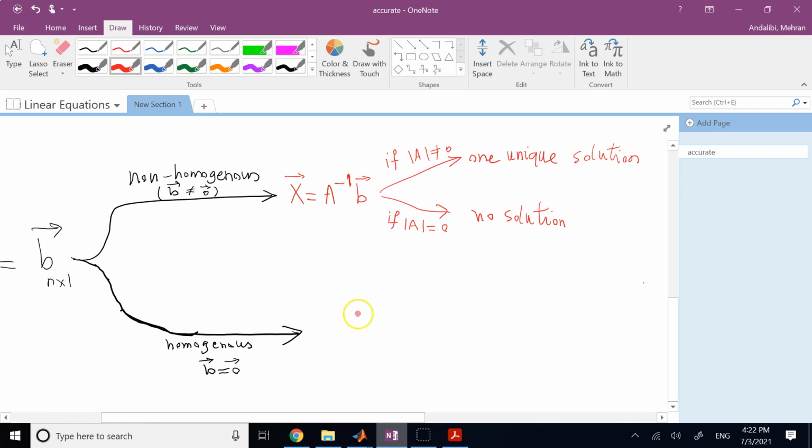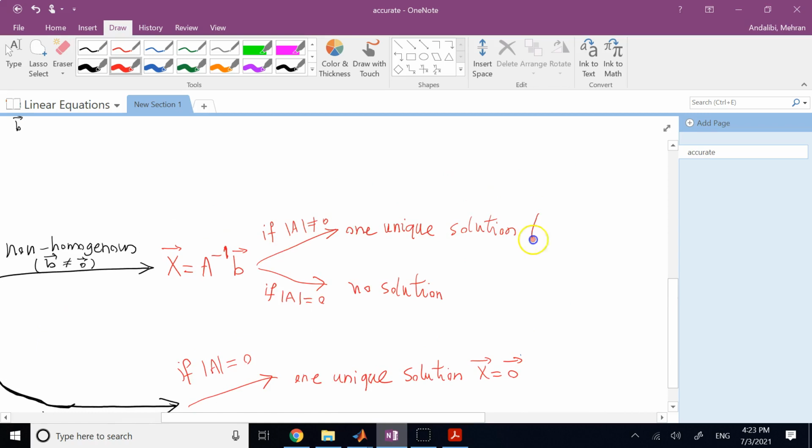So here, again, if the determinant of the coefficient matrix is not 0, then there is only one solution. And that unique solution is x equals 0. So it means all of the unknown variables have to be 0.